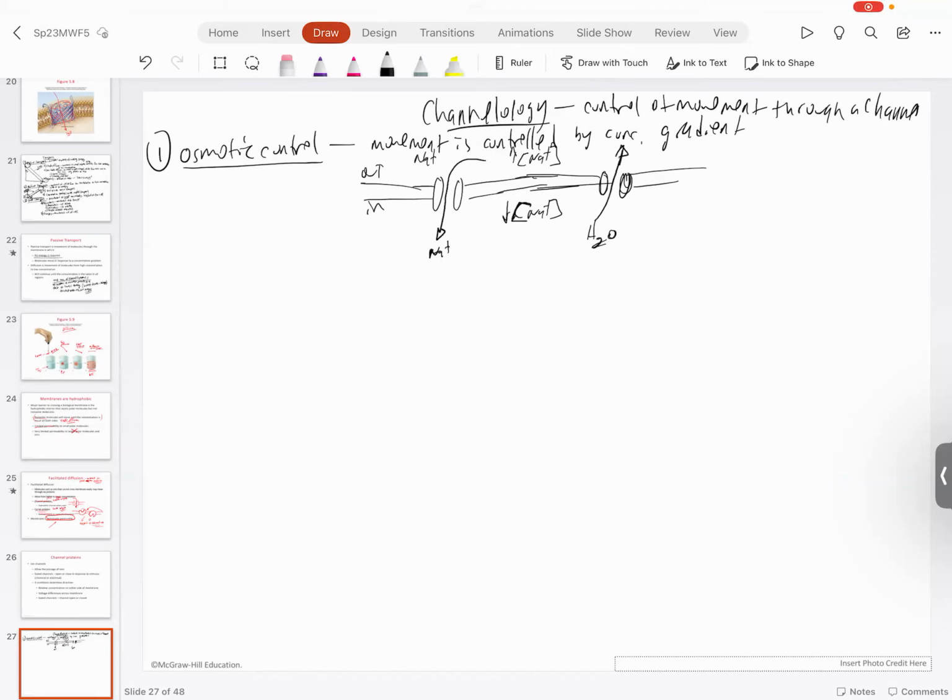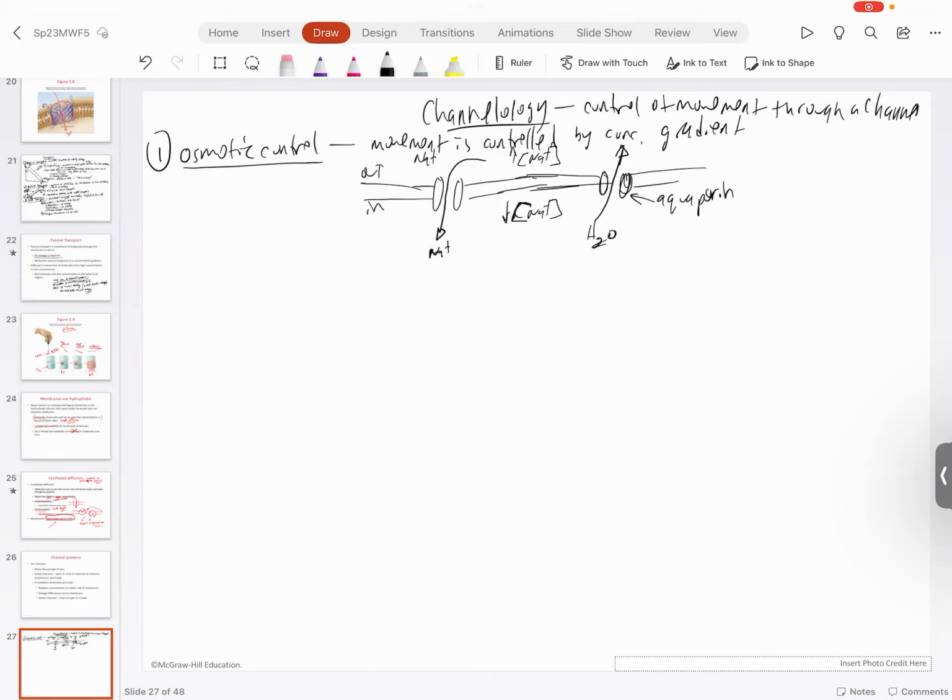Notice you didn't do anything, did you? All you did to get these things to move through these little channels was manipulate their osmotic environments. This is how we get water to move through our body, through a channel called aquaporin. It's a special water channel.